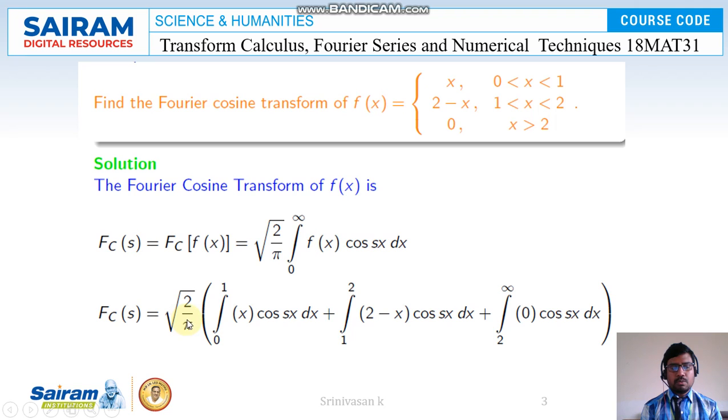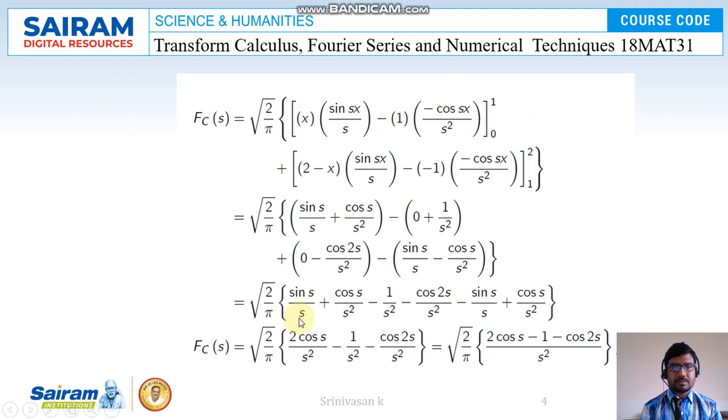So root 2 by pi, integral 0 to 1, the function is x cos(sx) dx, plus integral 1 to 2, the function is (2 minus x) cos(sx) dx, plus integral 2 to infinity, here the function is 0. If the function is 0, the entire term is 0, so we get only two terms.